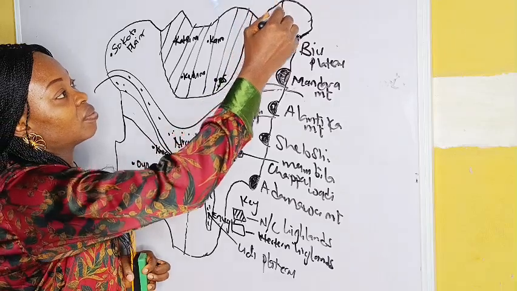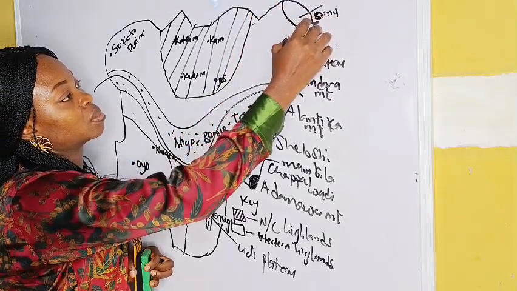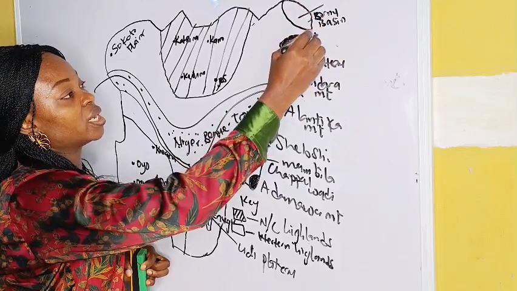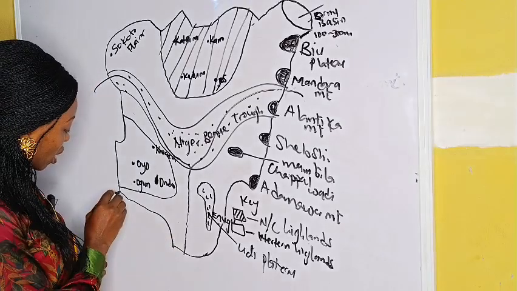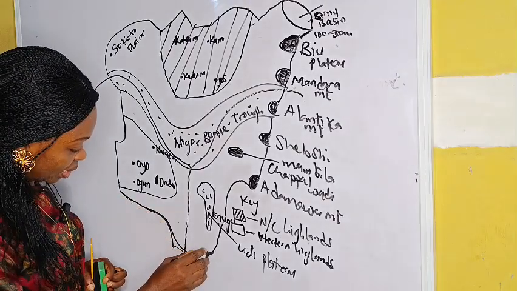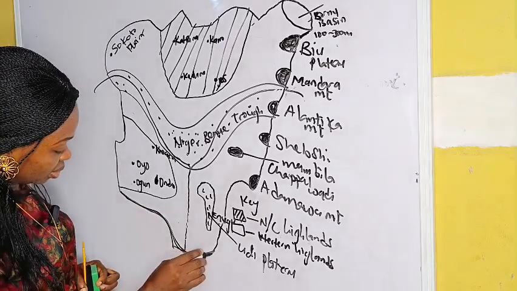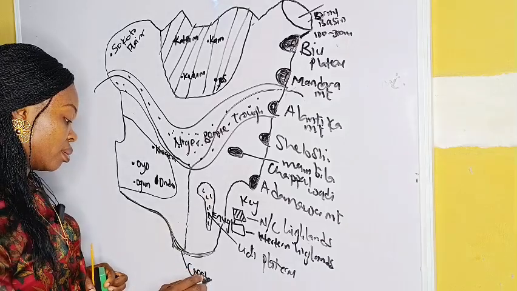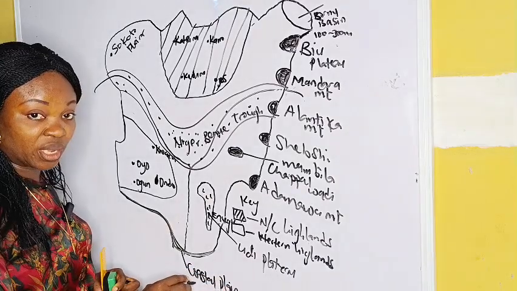Then you have Borno Basin. The height is 100 to 300 meters. There's another one here, like this. This region is called Coastal Plain of Nigeria. Coastal Plain.